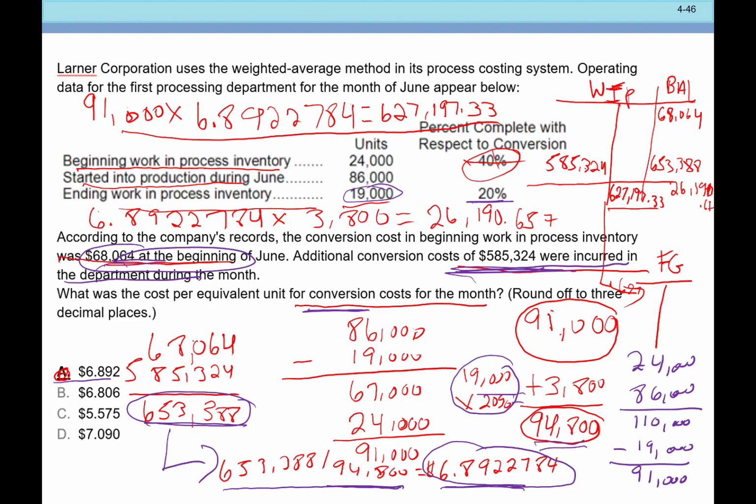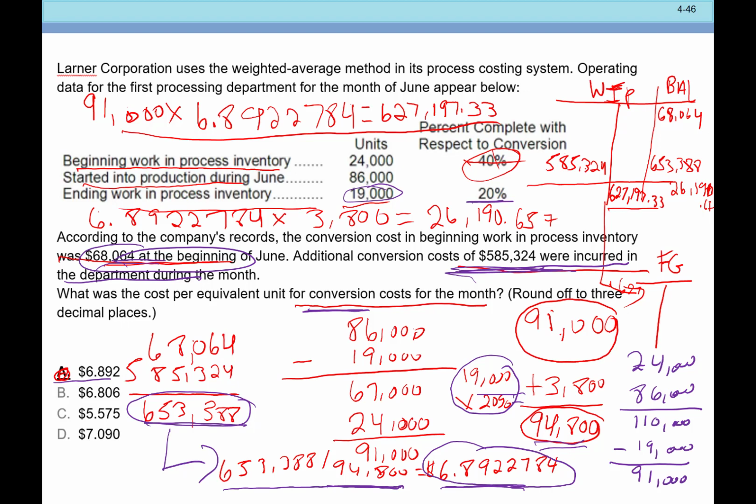653,388 is what's there. I take the number of units transferred out, 91,000, times 6.89222784, which is my equivalent cost per unit. I transferred out 91,000 units, so I'm transferring out costs of $627,197.33. I credit work in progress.